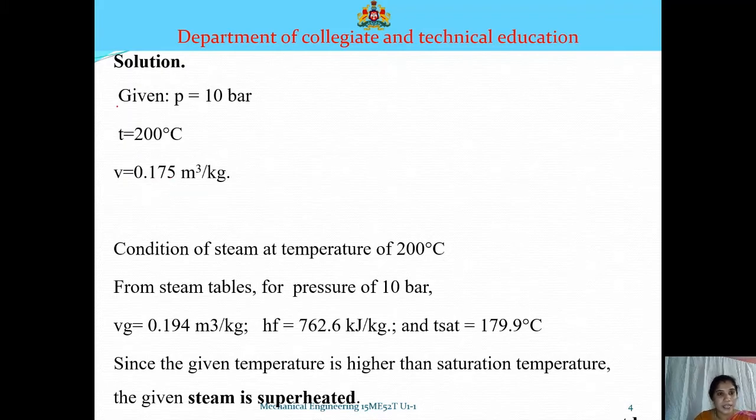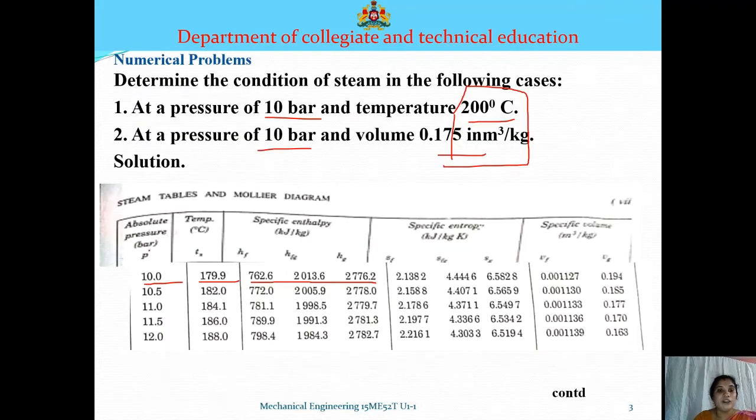You have to write the initial condition. Then you have to open the steam table book. From the steam table, look for the table where the pressure is 10 bar. Open your steam table book and turn to the page where you have the pressure as 10 bar.